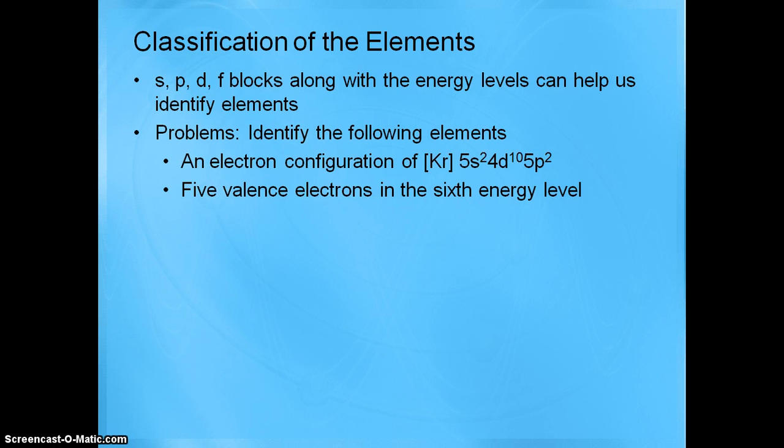So we are group 1, 2, group 13, group 14. I am the second p in the 5th energy level, which means I need to count down 5 rows. Don't forget, even though there's nothing up here, helium and hydrogen are energy level 1. So 1, 2, 3, 4, 5. 5p2 is the element Sn, or tin.